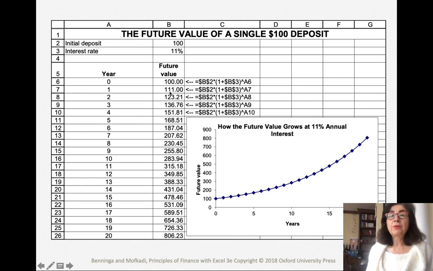But before we do that, we have to make sure that the initial deposit in cell B2 is fixed, or kept constant, so that it doesn't change. To do that, we use dollar signs before the letter part of that cell, and another one after it. And we do that not only for the initial deposit, but also for the interest rate.